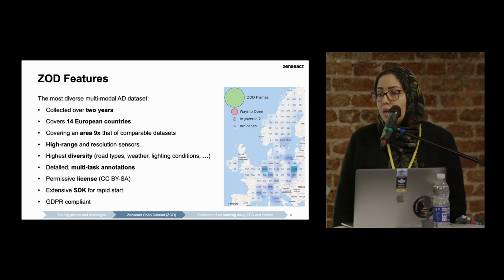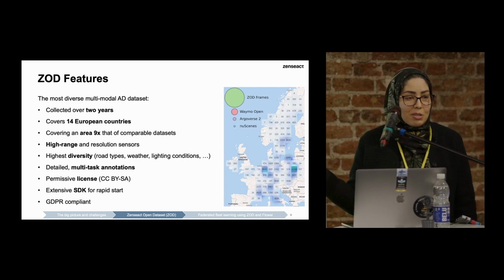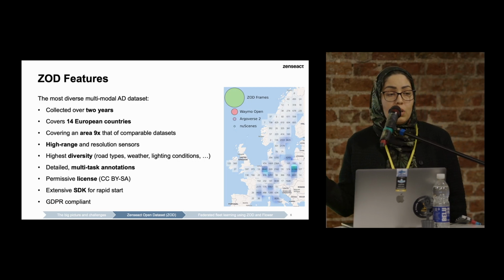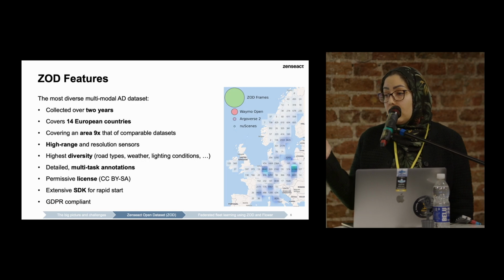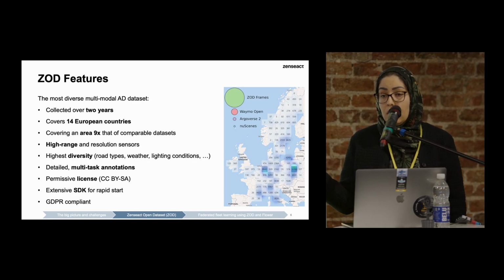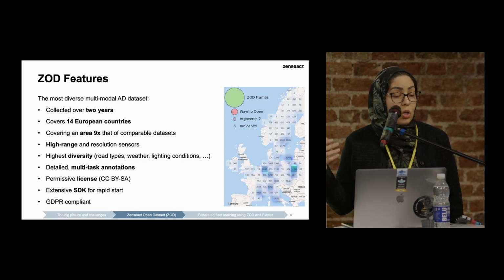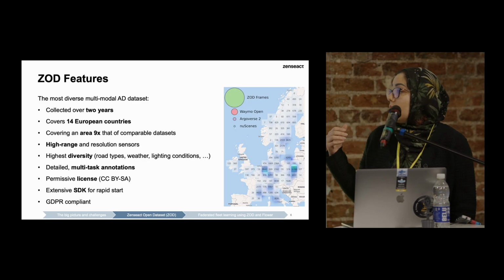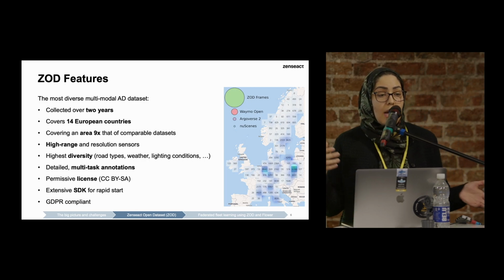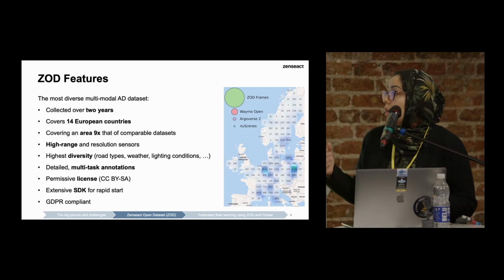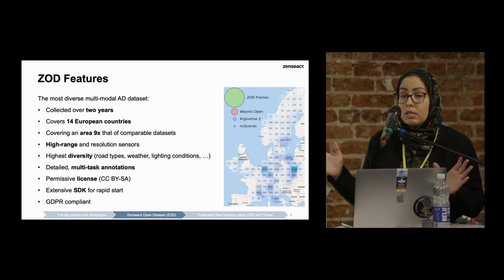But maybe you wonder, okay, what is this dataset about? This is a large-scale multimodal dataset, which is collected over 2 years in different European countries. It's much larger than other available AD datasets. Besides that, it has the highest resolution and highest range sensors, and we also cover the highest diversity.